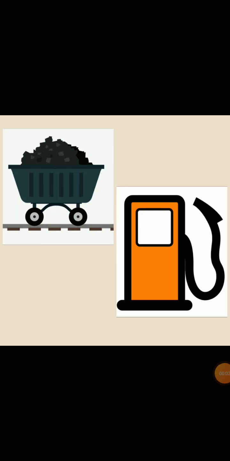Now let us talk about coal and petroleum. In chapter number 14, we have learned that coal and petroleum are non-renewable sources of energy. In our previous sessions, we have seen some of the issues involved in the conservation and sustainable use of resources like forests, wildlife, and water.